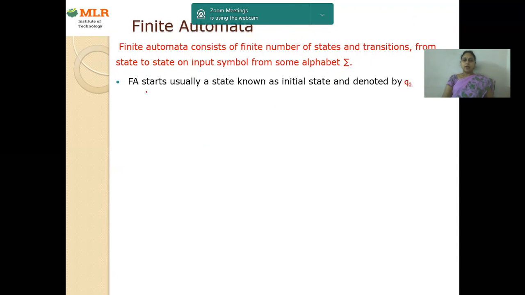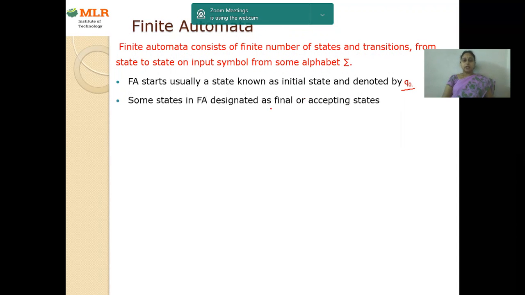A finite automaton usually starts in a state known as the initial state, denoted by Q0. Some of the states in a finite automaton are designated as final or accepting states.